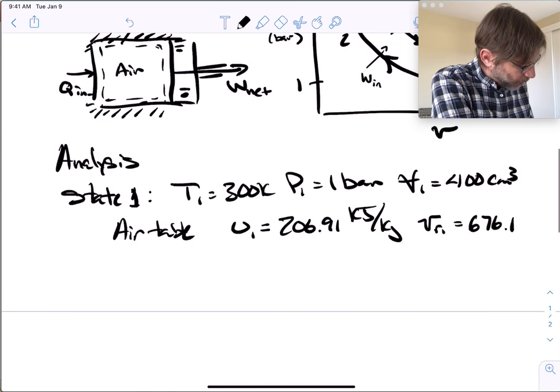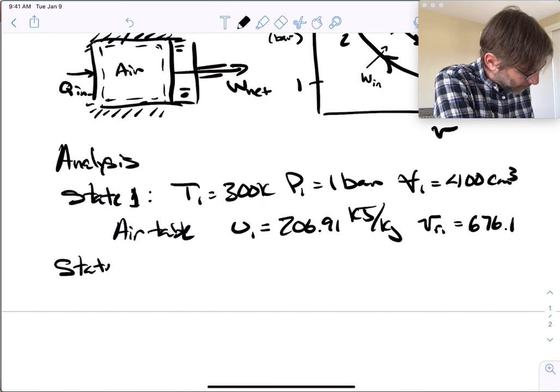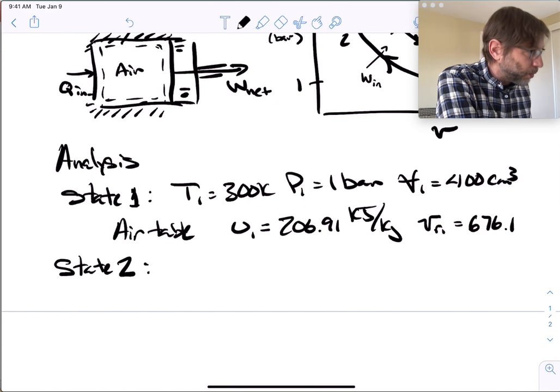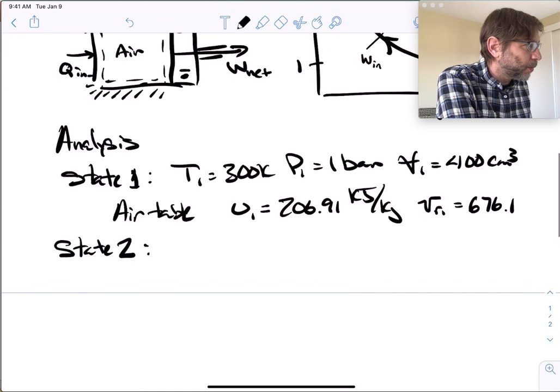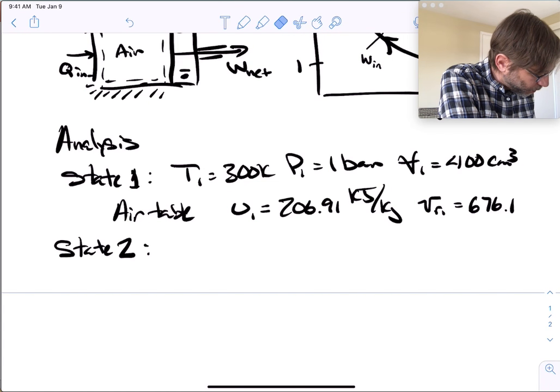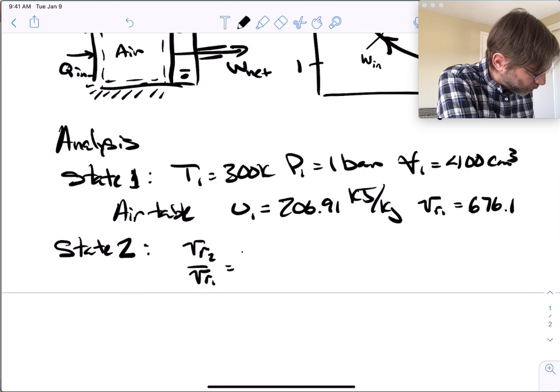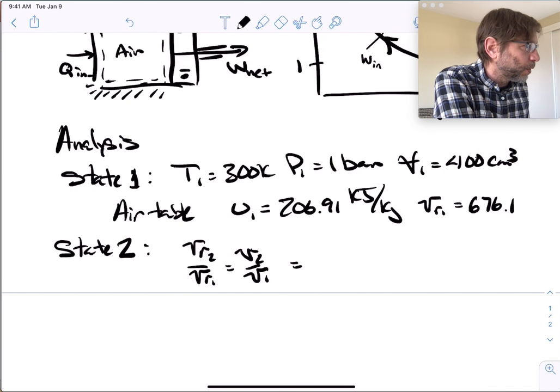Okay, let's see, state 2. What do we know? We know isentropic compression, so vr2 over vr1 equals v2 over v1. We know vr1 and we know the compression ratio.